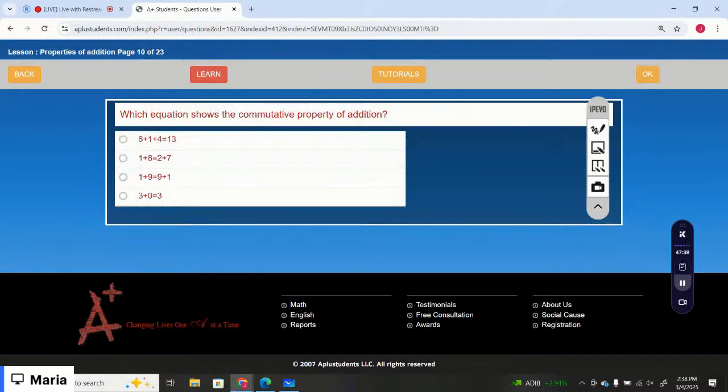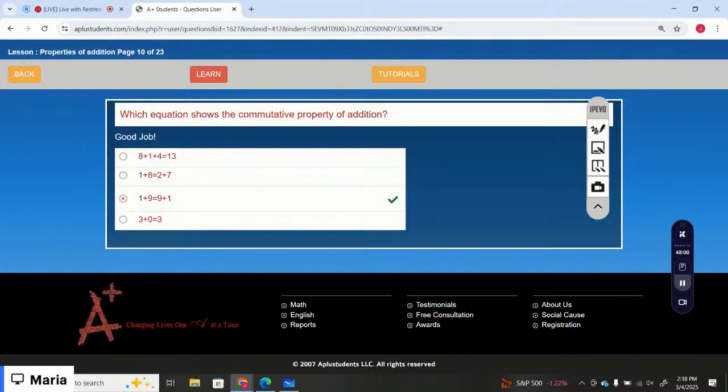Which equation shows the commutative property of addition? Option number 3 is the correct option. 1 plus 9 equals 9 plus 1.